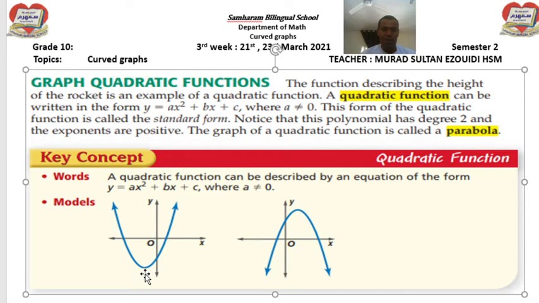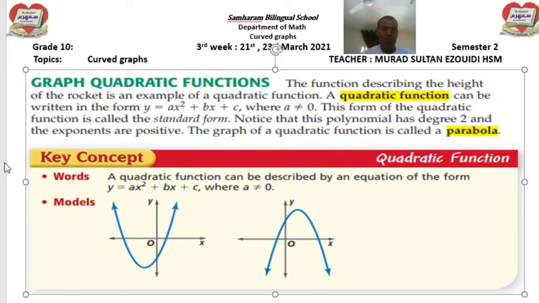And you can see that this, for example, is the axis of symmetry that divides the parabola into two symmetrical halves. In order to graph or sketch a quadratic equation, just find the y-intercept and the x-intercepts, where the curve cuts the y-axis and where the curve cuts the x-axis. Then draw the axis of symmetry and plot the point where the curve changes direction.